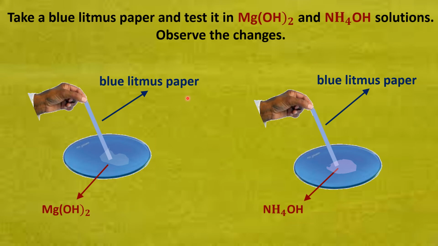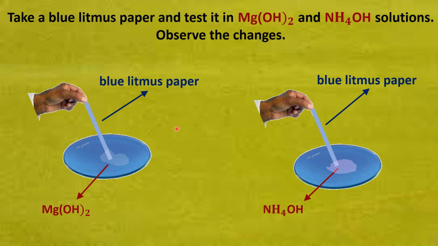They turned blue litmus red. And the other 4 solutions, that is sodium hydroxide, potassium hydroxide, magnesium hydroxide and ammonium hydroxide, responded to red litmus. They turned red to blue. So this shows that acids turn blue litmus red, whereas bases turn red litmus blue.